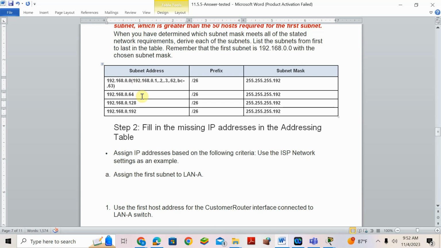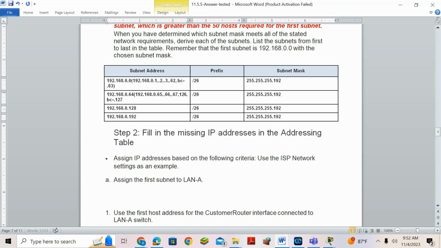For the next subnet the address will be 192.168.0.65, .66, .67, the last one is 126, and the broadcast is .127, because the next address is 128, so I cannot take 128. So before that is the broadcast, sent to everyone in the network, then the remaining before it, the last one, is 126.